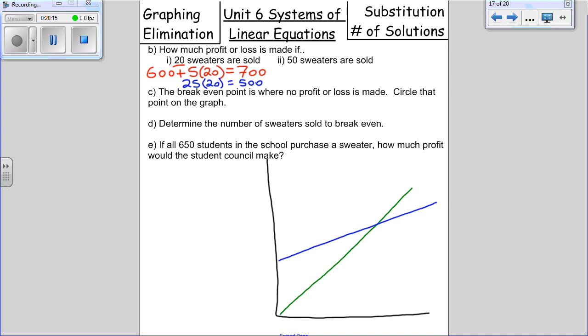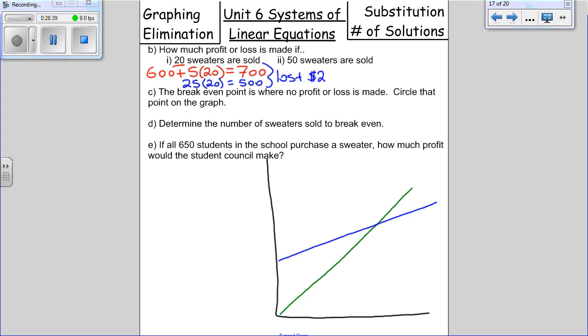I lost money, right? Spent 700, made 500. That means I lost $200. Does that make sense?